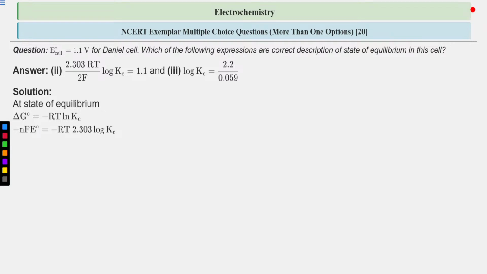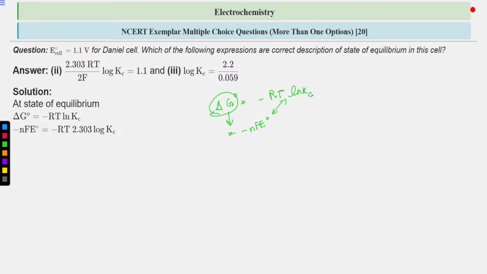So the first equation we have seen is that del G naught is defined as minus RT ln Kc, and del G naught is also equal to minus nF E naught. So we have these two equations for the del G, so we relate them with each other.